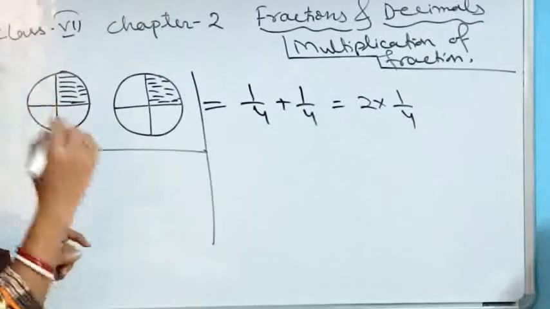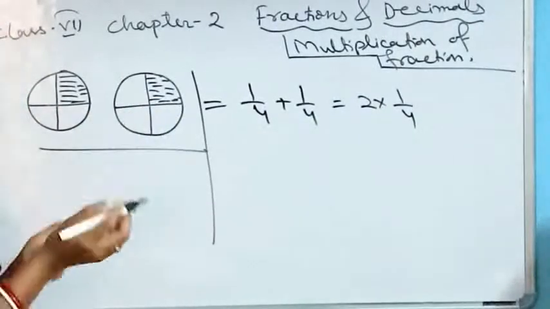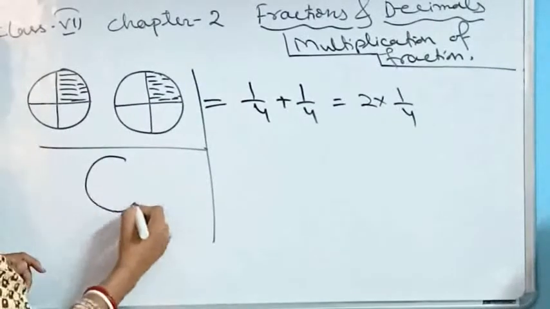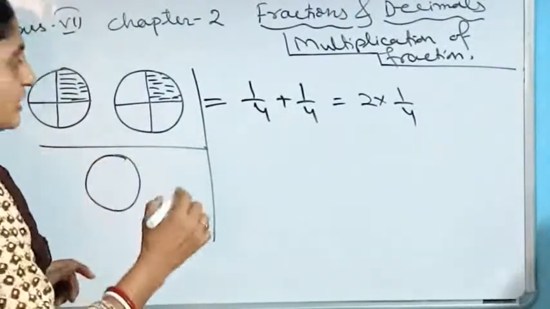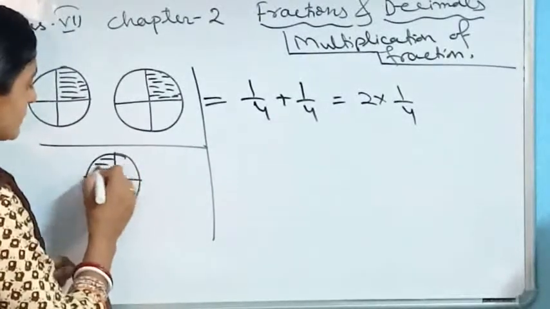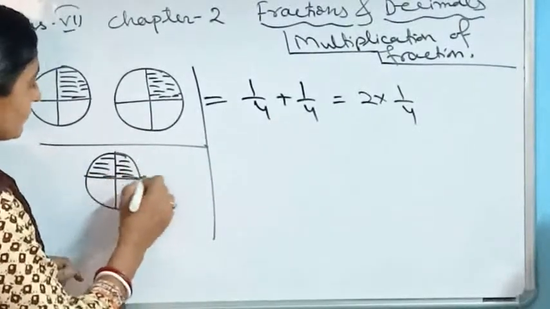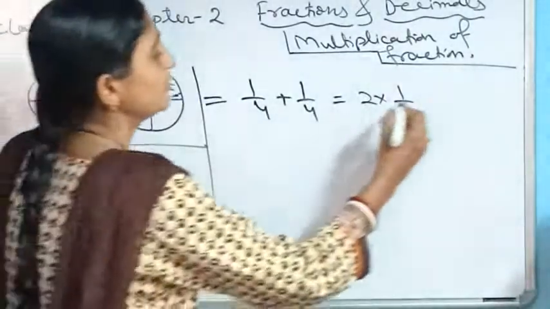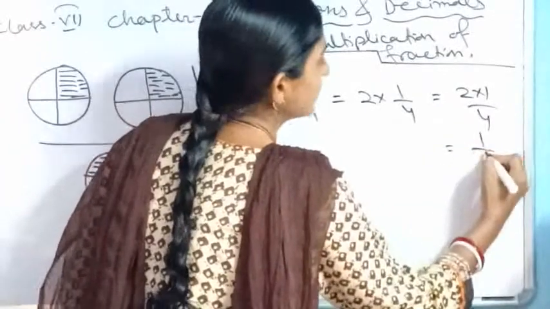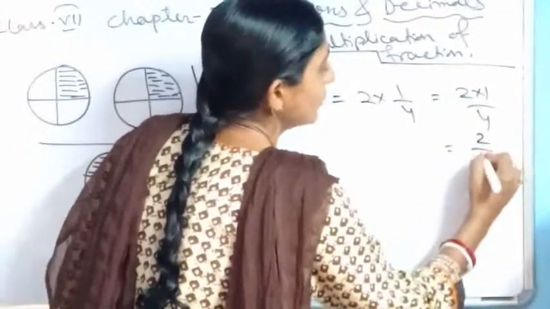In the next step, taking 1/4 of 2 from a whole, we see that 2 parts have been shaded. So here it will be 2 into 1/4, which becomes 2/4.